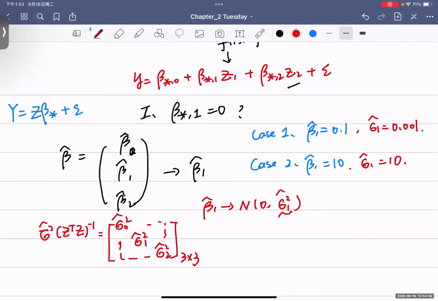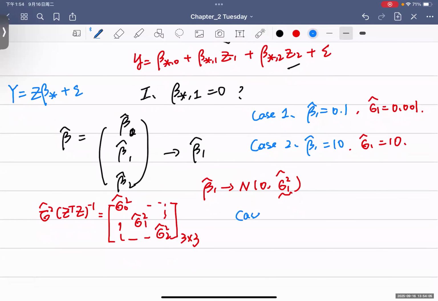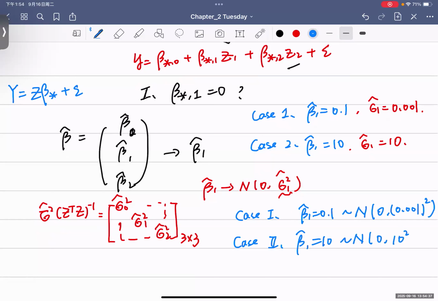Now, in case 1, we know this 0.1 is a sample from this distribution: our beta 1 hat equal to 0.1 is from a normal with mean 0 and variance 0.001 square. In case 2, beta 1 hat equal to 10 is a sample from a normal with mean 0 and variance 10 squared. Okay. So therefore, we can actually find a contradiction, find the counterexample.